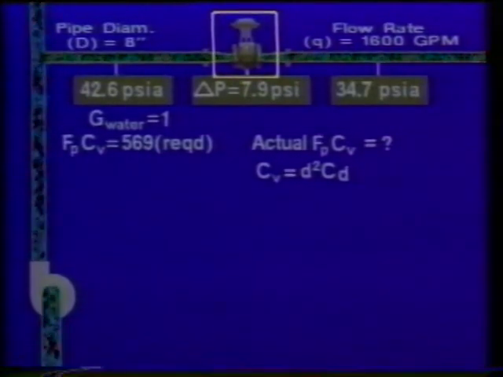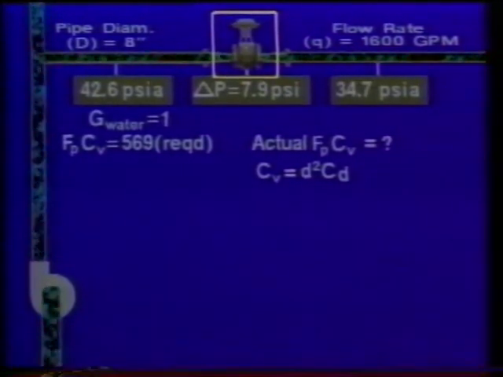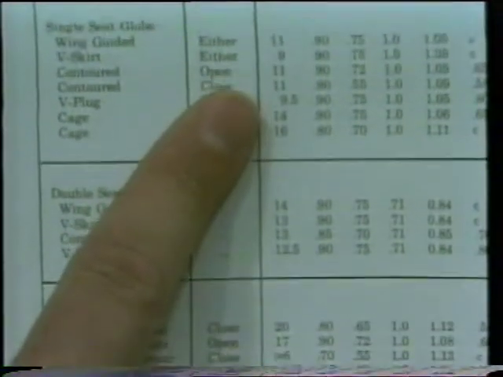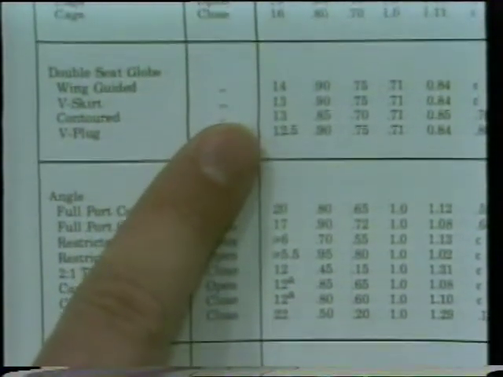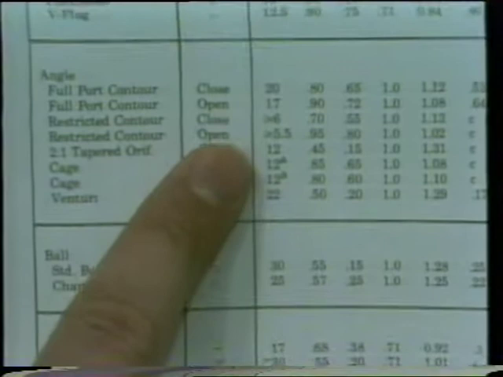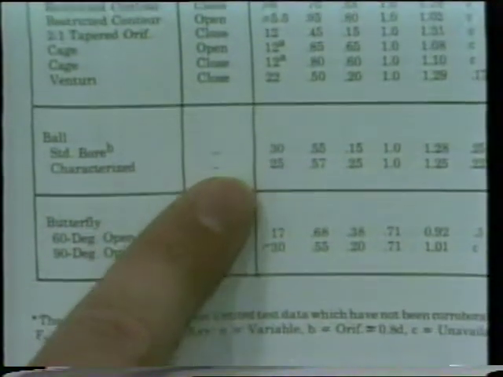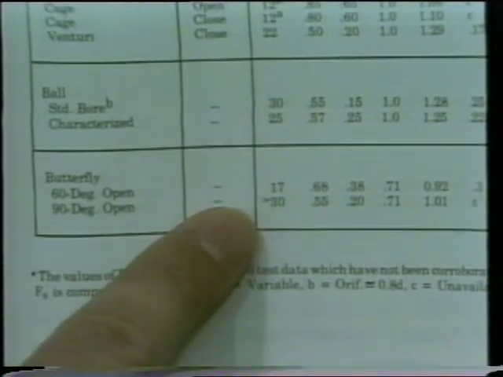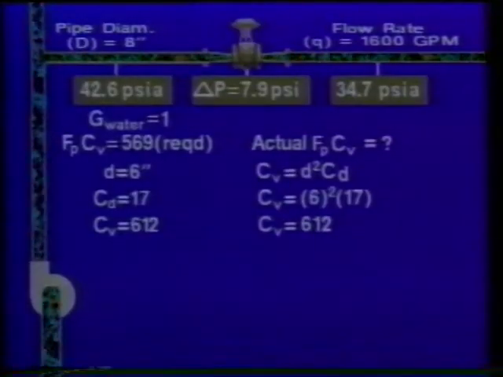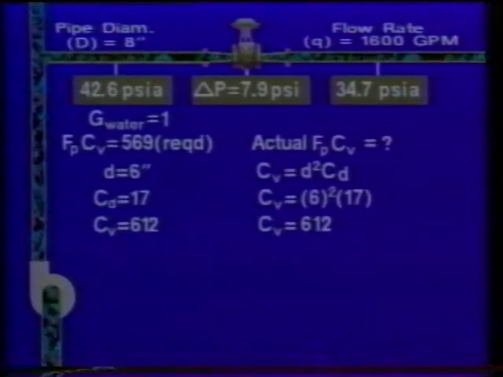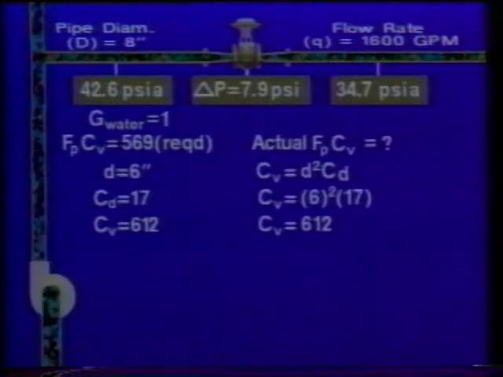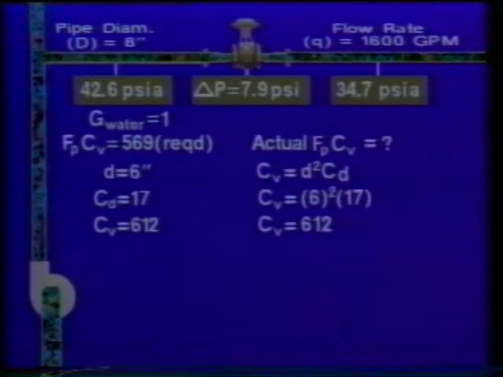We know the diameter of the valve inlet is 6 inches. The relative capacity factor is available in reference tables, such as this. As you can see, the value of C sub D for a 60-degree butterfly valve is 17. Substituting values into the equation yields a value of C sub V equal to 612.